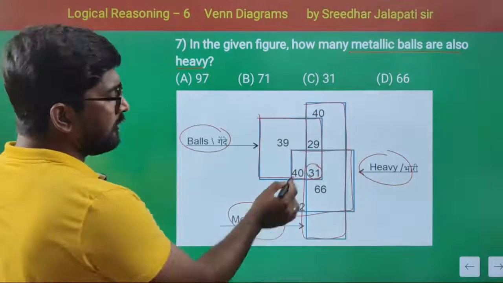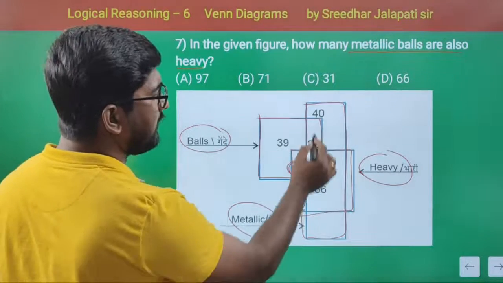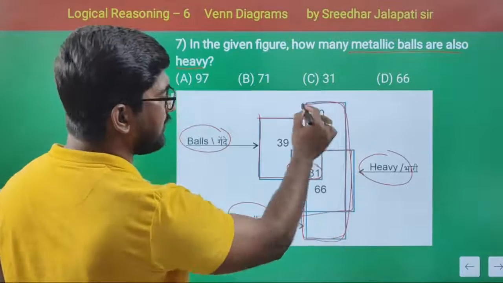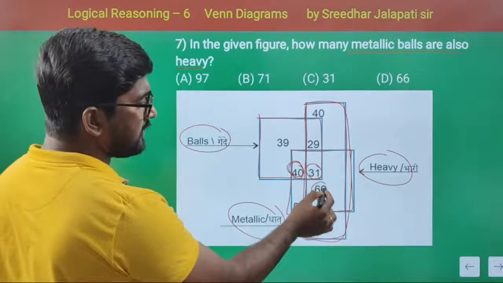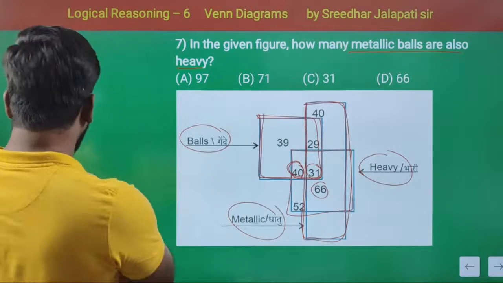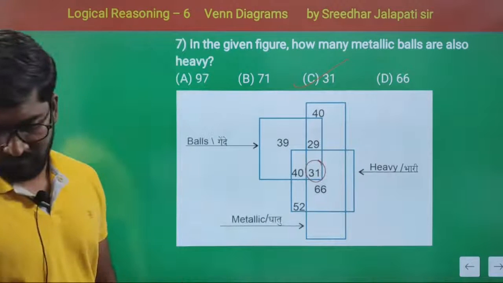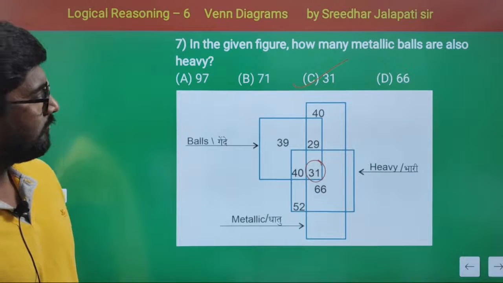Any other thing? 40 is not in metallic, so that cannot be considered. This 66 is not in ball, so that cannot be considered. So the one which is in all of them is this 31. So answer 31.